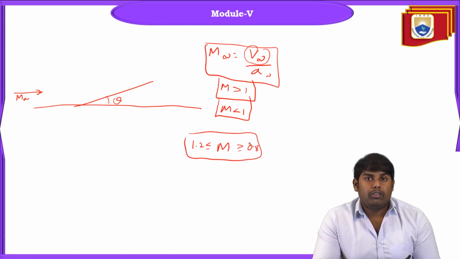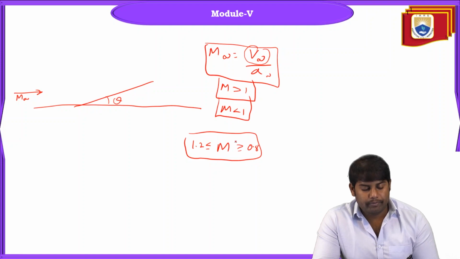Transonic flow means you have some regions on the geometry that are subsonic and some regions of the geometry that are supersonic. That's why we call it transonic.